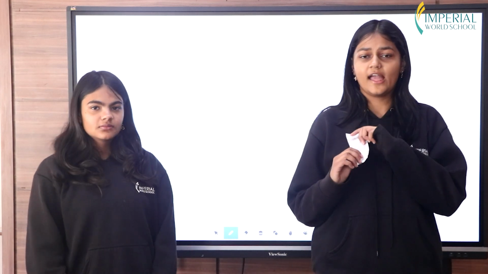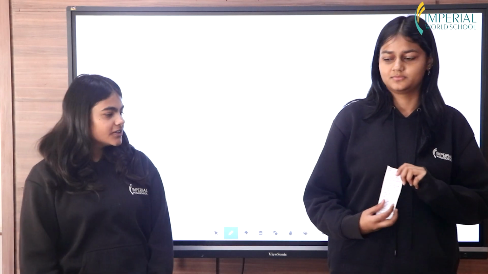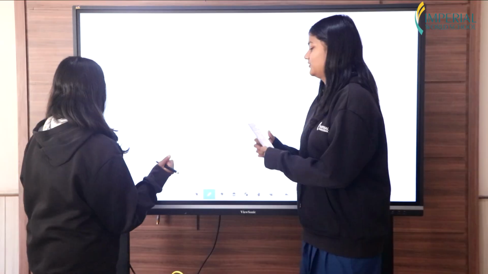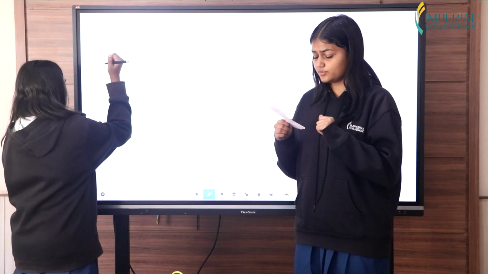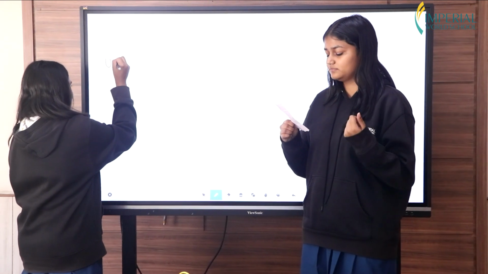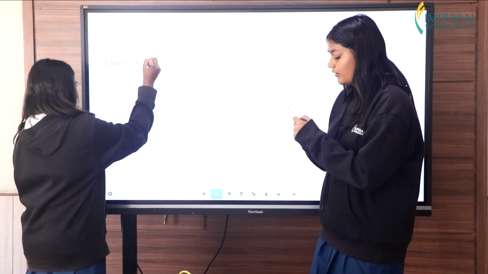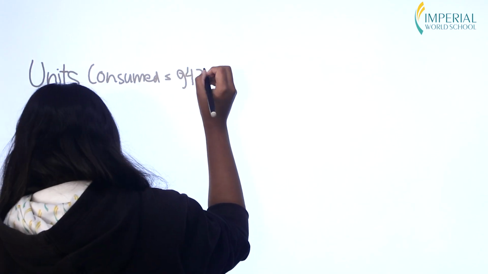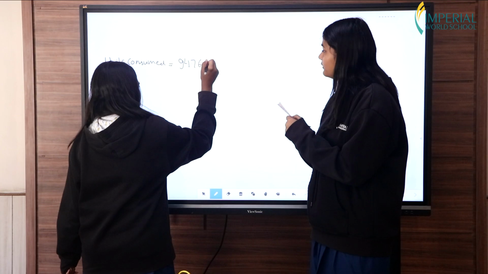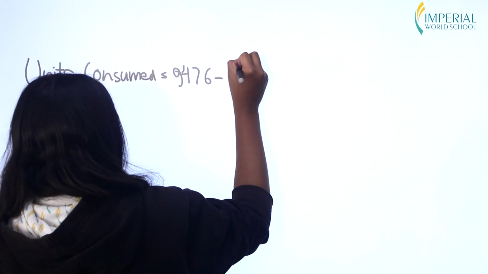So let's calculate this bill and find out our total electricity bill. This bill is for 15 ampere load. So let's get started. To find out the total units of each month, we have to subtract the present month's reading from the previous month's reading. The present month reading is 9476 and the previous month's reading is 9312.